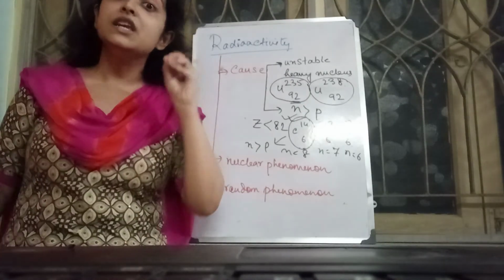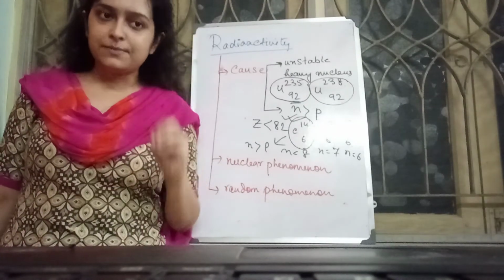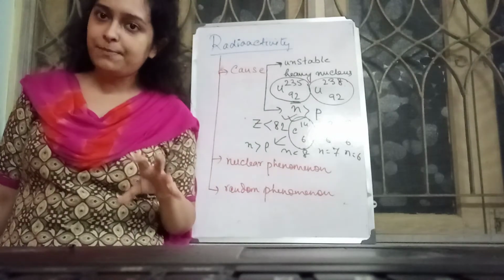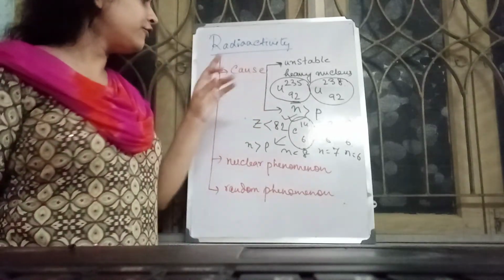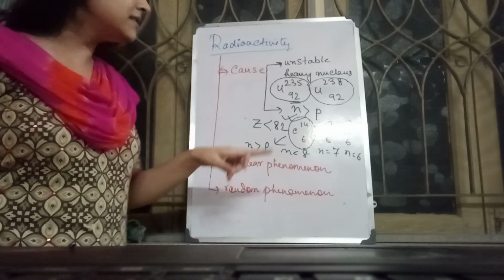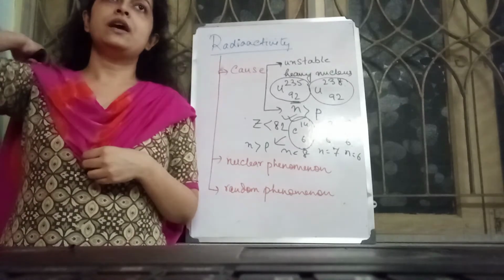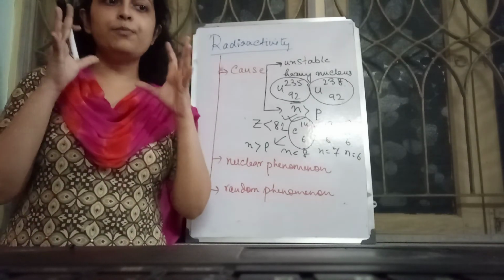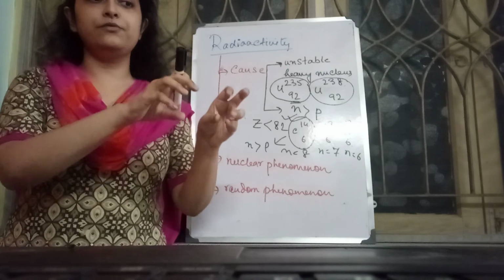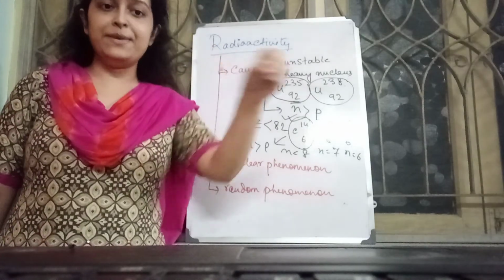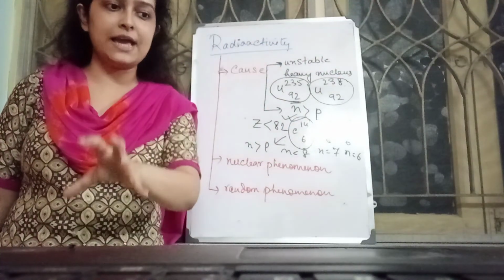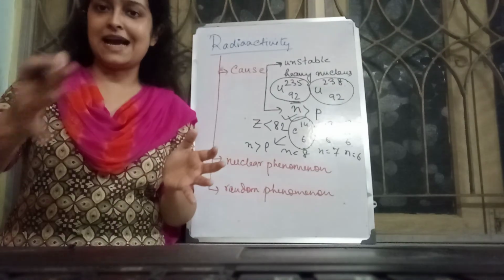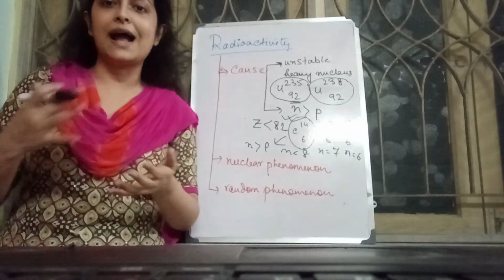So it's a nuclear reaction, which means the nucleons take part in it. And it is also a random phenomenon. Random means it's not possible to predict which atom will emit the rays at which time and for how long, etc. So we call it a random phenomenon.